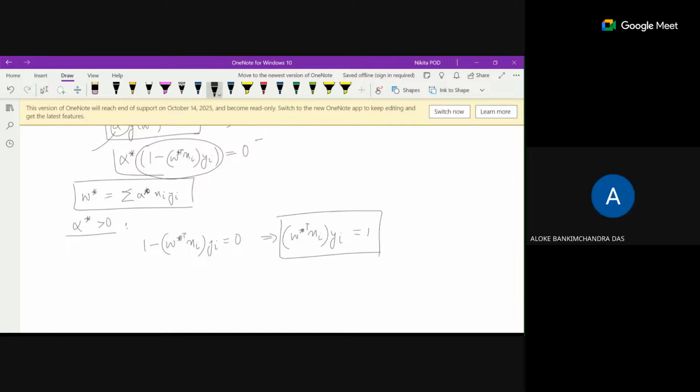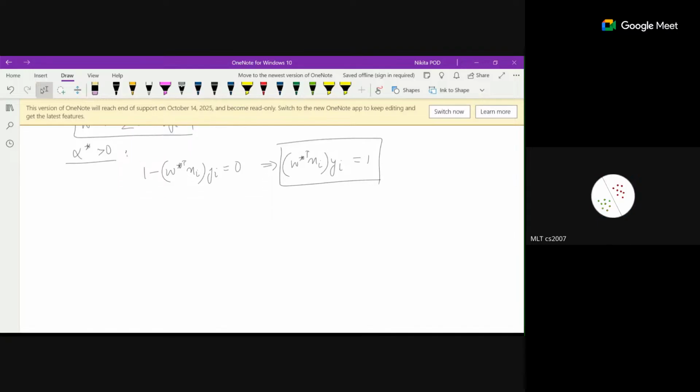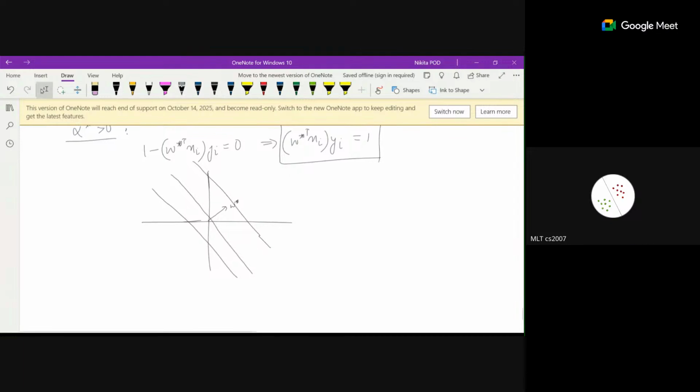So this is the hyperplane. How will it look? If this is my W star, this is my decision boundary, and these are my supporting hyperplanes.